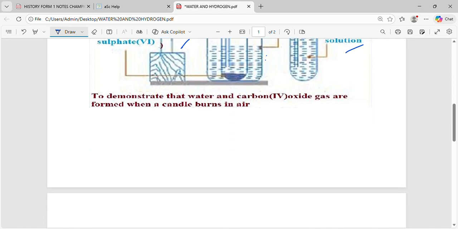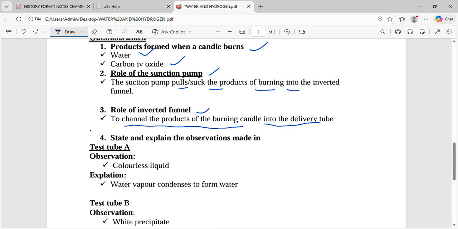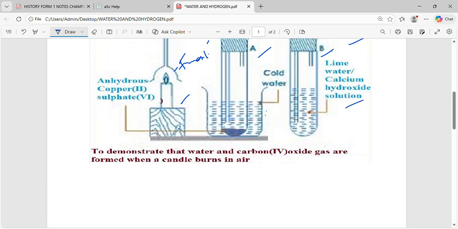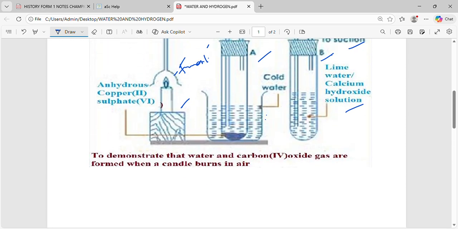Then you are asked to state and explain the observations made in test tube A. Test tube A is inserted in cold water, and the products of the burning candle are water and carbon dioxide gas. In test tube A, you will observe a colorless liquid. You don't say it is water because you don't know whether it is water; what is observed is a colorless liquid.